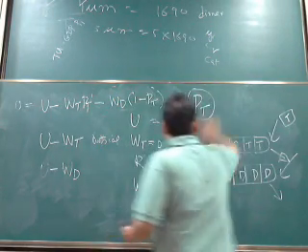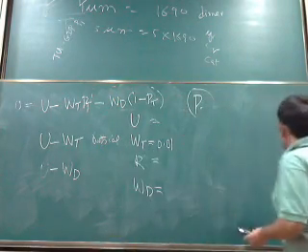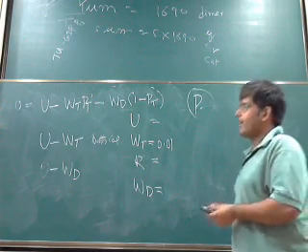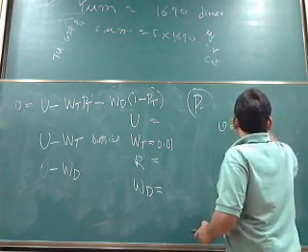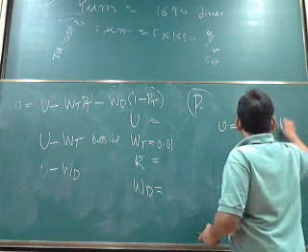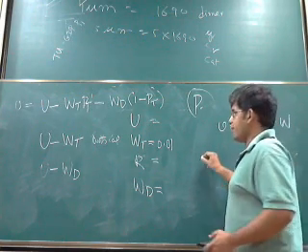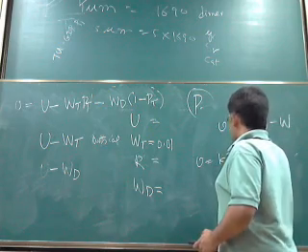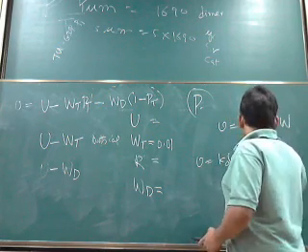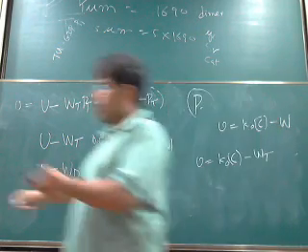So for large concentration, PT is 1, and you would see V is K0C minus W. For small concentration, you have V is K0C minus WT times PT, which also has C.